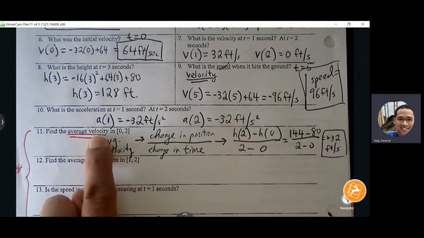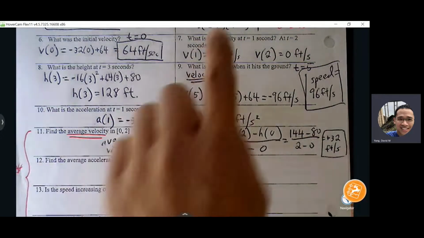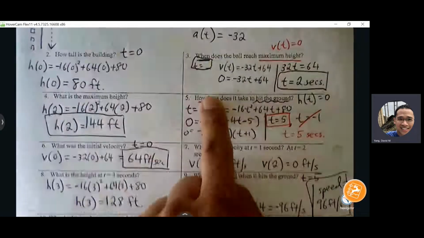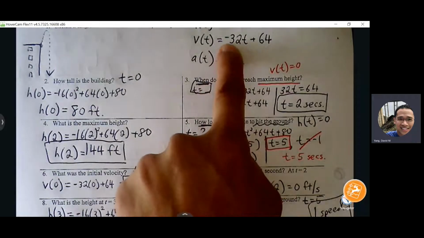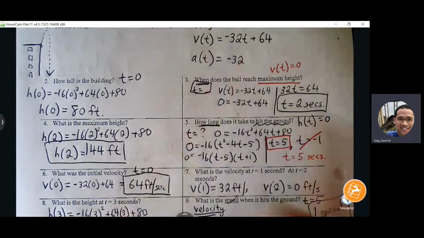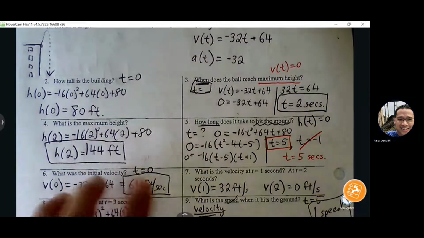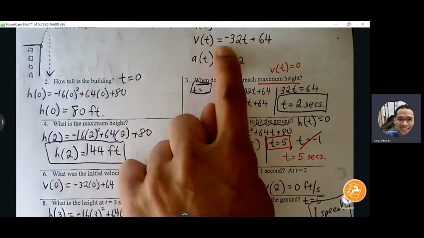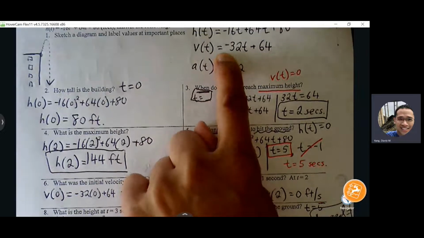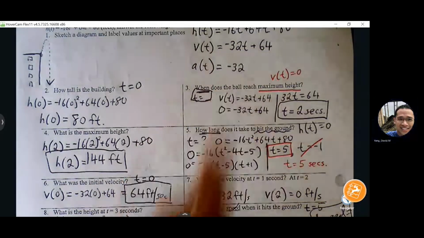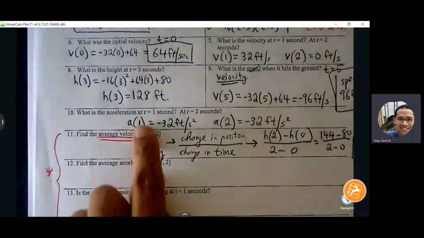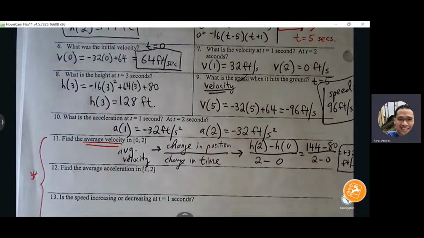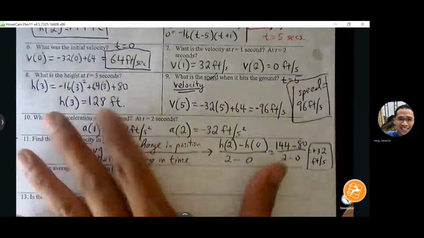You see the words average velocity, and your tendency is to say, why don't I use the velocity function because I'm dealing with velocity? But that's different from instantaneous velocity. The velocity function tells you the velocity at any moment in time, which is different from what it's asking here. Here it's asking for the change in position from one point to the next.